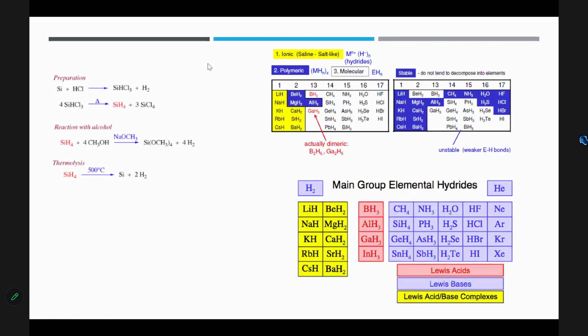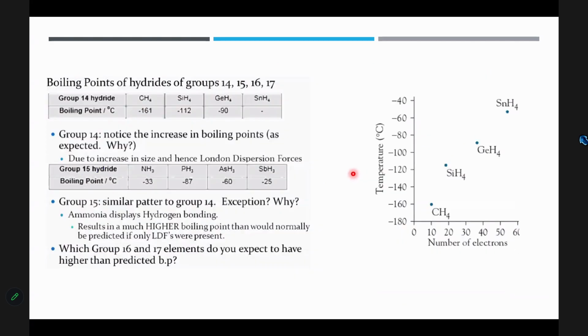We have seen other hydrides in the periodic table of elements, as I had discussed already. You can see in group 14, down the group, all these hydride bonds become more covalent rather than ionic. Is there anything important to discuss?